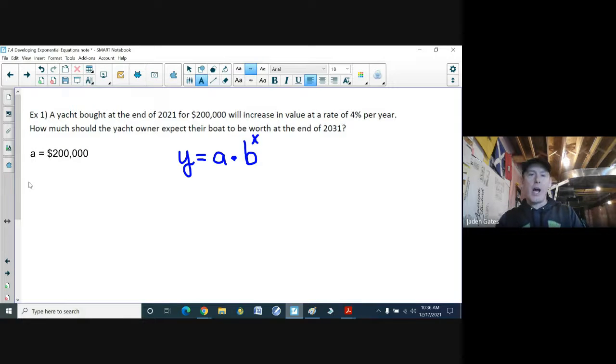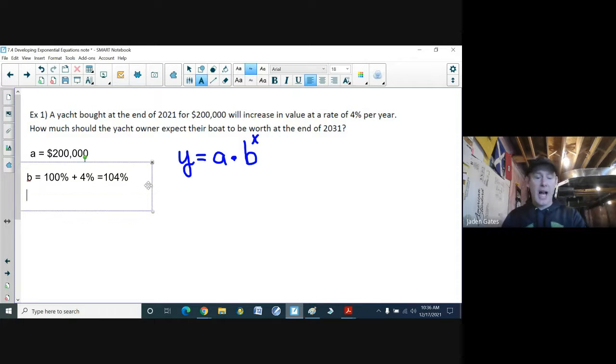All right. Now, the b part, that's the tougher part, where we have to find the multiplying rate. Now, this boat is going to be worth all of its value, 100%, but you're going to add, because it's increasing, 4% per year. And so in total, your boat is going to be worth 104% of what it was the year before.